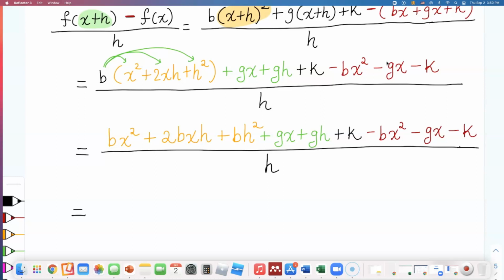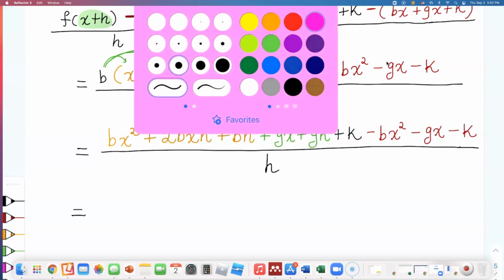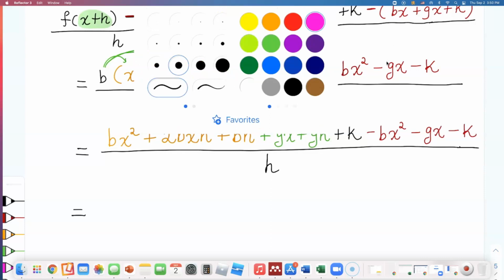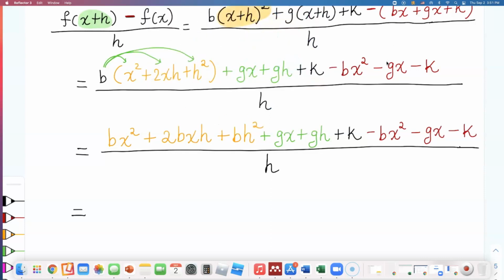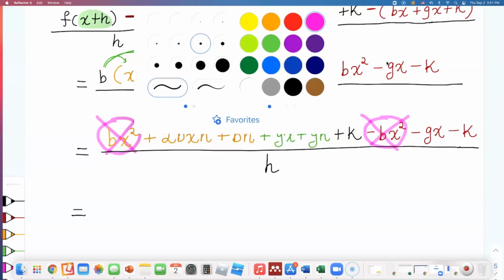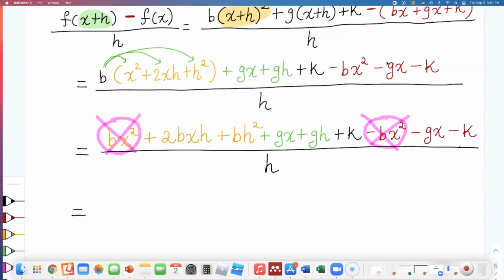Now here, some things are going to cancel out. I'm going to start highlighting some opposite terms to cross out. I notice there is a positive bx squared and there's a negative bx squared. So those are canceled out. What else? There is gx.